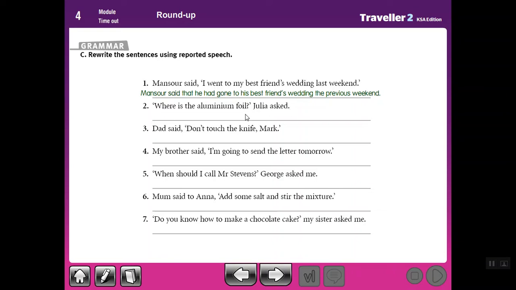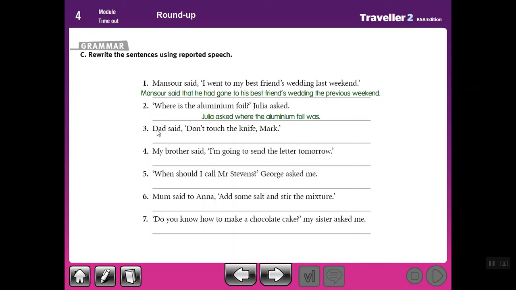Okay, Julia asked where. Here I exchange the question form into an affirmative sentence form. Julia asked where the aluminium foil was, not is. The subject first, then the verb.